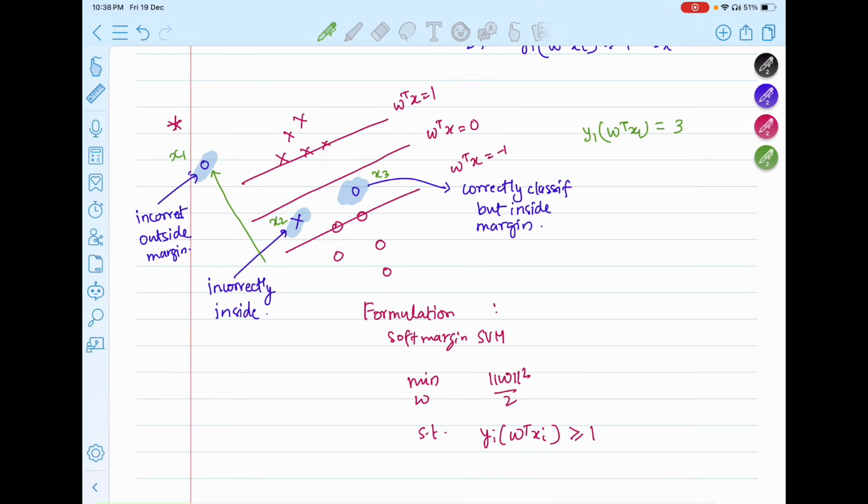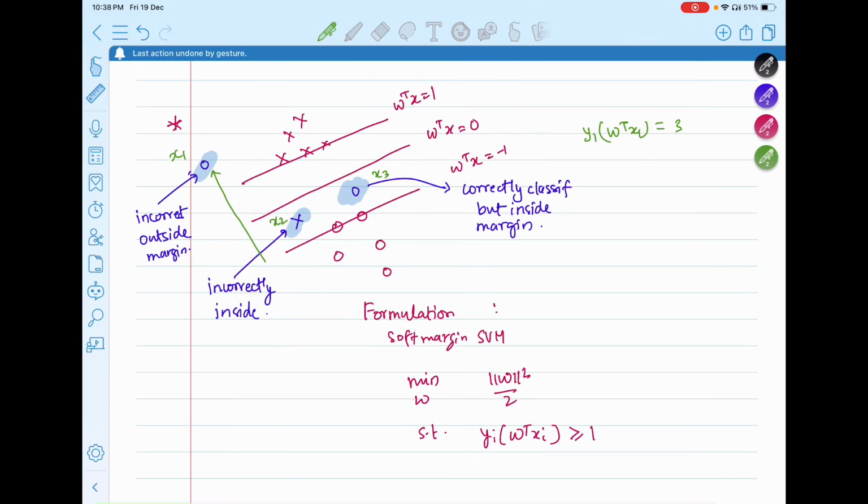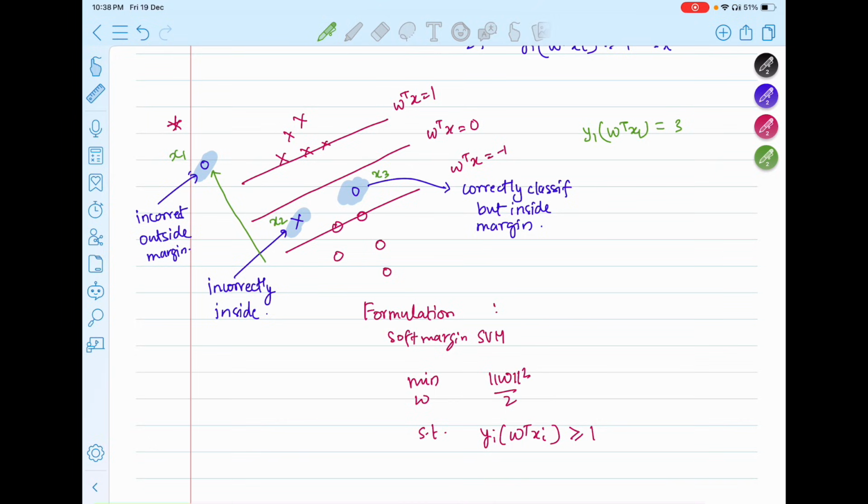Okay. No, this will be bigger than 2. Yeah, it can be 3. Okay, it can be 3. Again, what will be W transpose x2 times y2? So y2 times W transpose x2, that will be this distance, right? And that is bigger than 1, right?